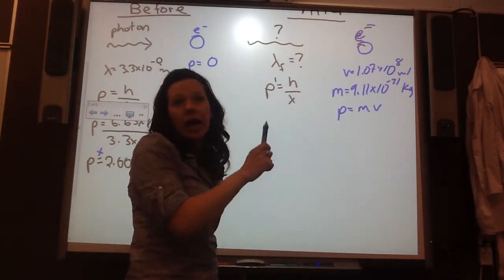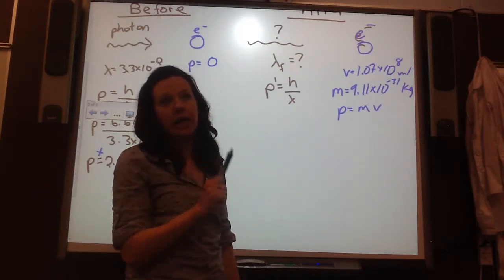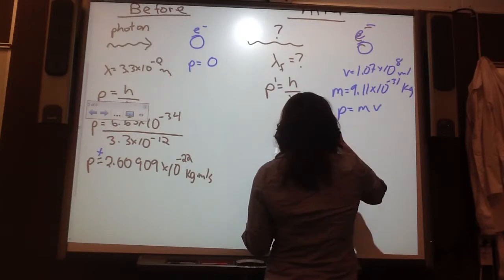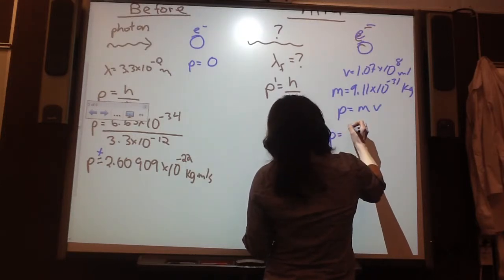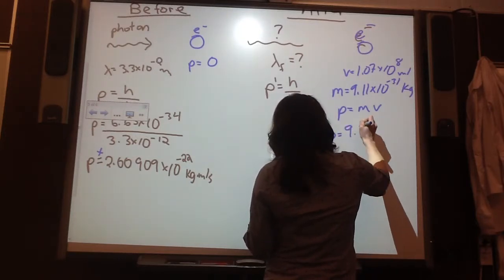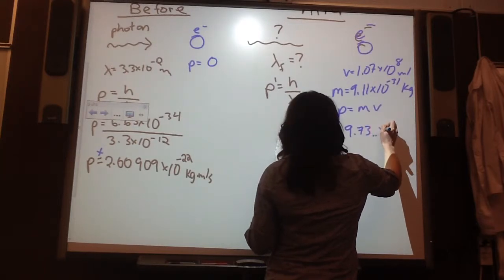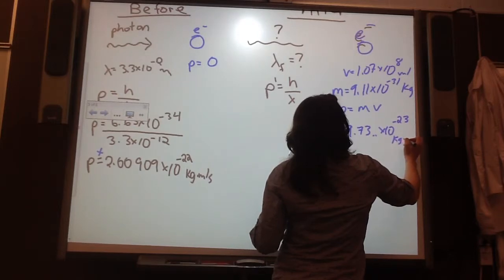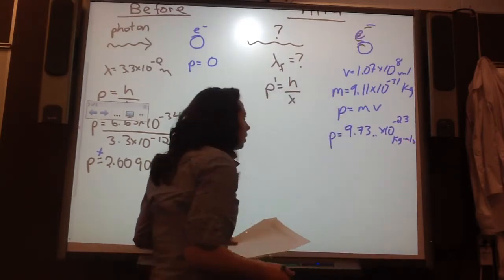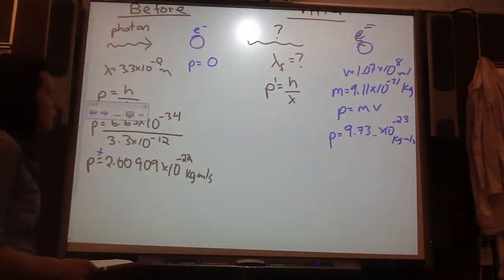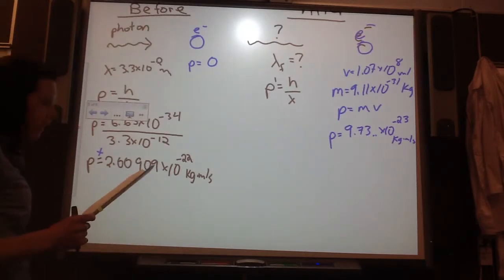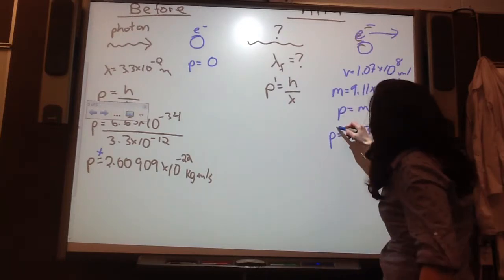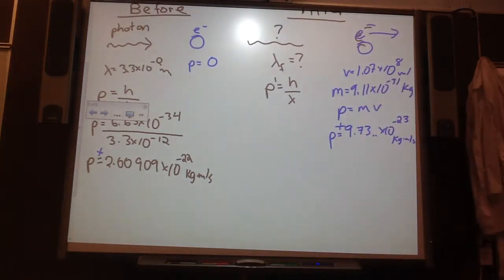You can't use that for photons, though, or any EMR. So multiply those together, and you get 9.73, etc., times 10 to the negative 23 kilograms times meters per second. Again, I could have put an arrow here too. It is going east as well, so I can say this is a positive value.